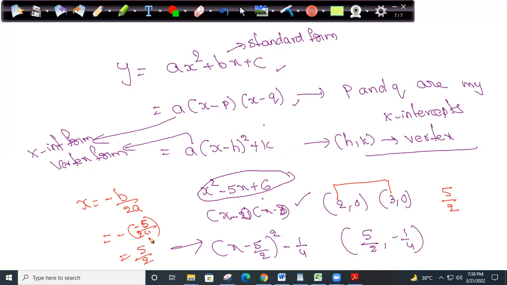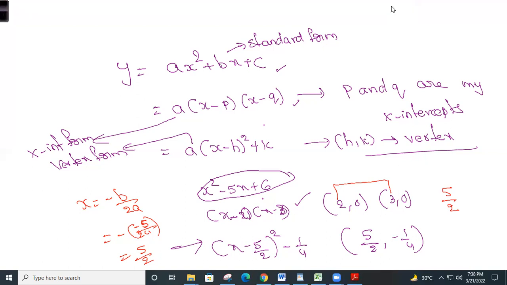Three forms: x-intercept form, vertex form. How do you get x-intercepts? How do you find y-intercepts? How can you convert standard form to the vertex form? If you know this, whatever questions you get as part of the exam, it is very easy to solve them. Easily you'll be able to solve them.